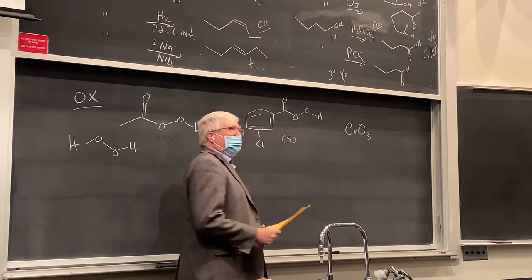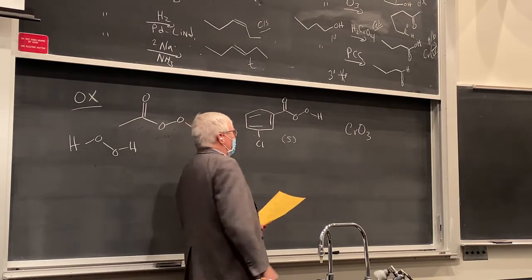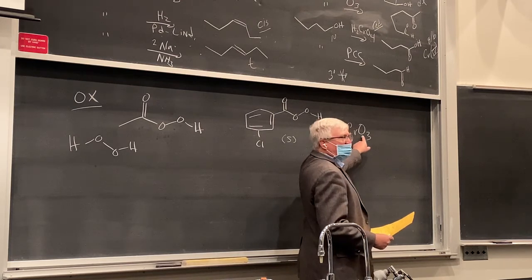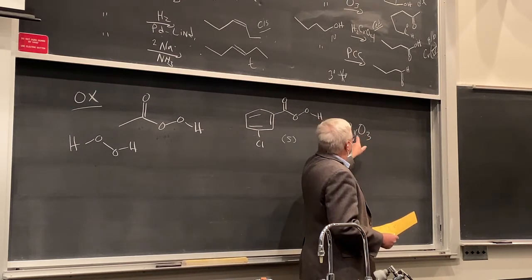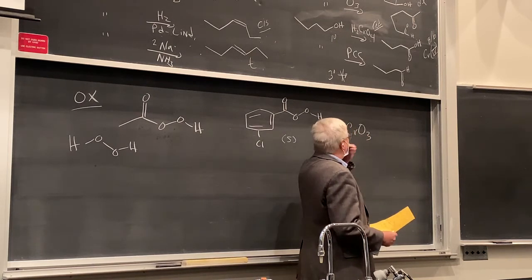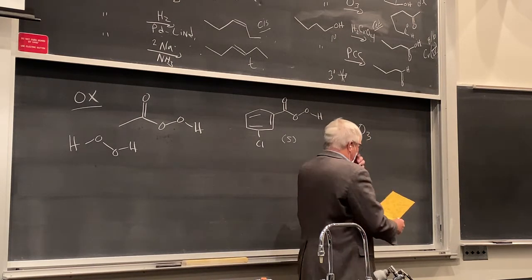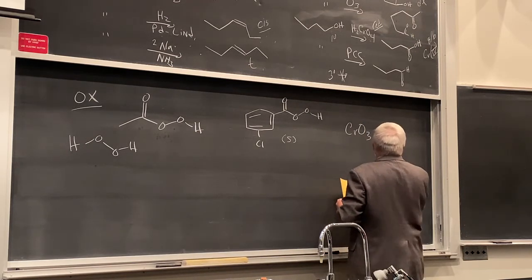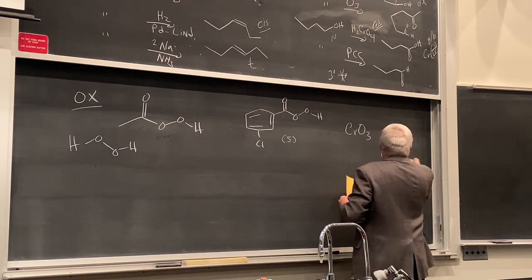Chromium oxide is a very dangerous reagent. That's in the oxidation state of what? +6 here. Remember, oxide ligands are 2- ligands from Gen Chem. There's 3 of them there, so chromium's +6. And a lot of oxygens that can transfer. And then we have chromic acid. Let me draw out the whole structure for that.